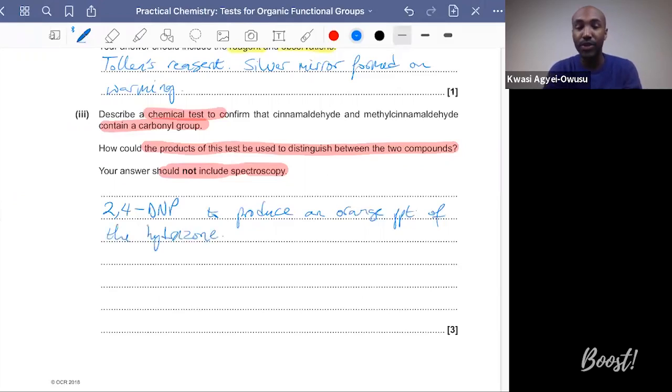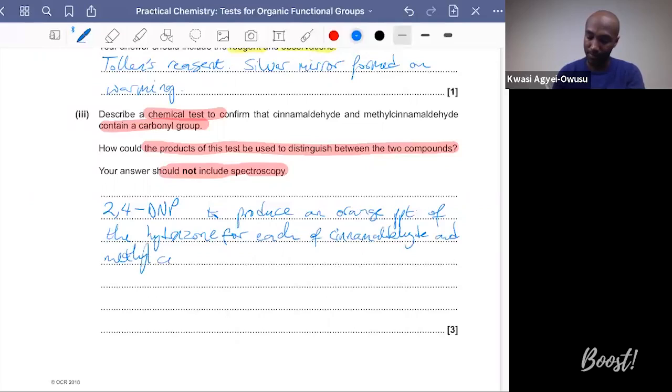Now, how could the products of this test, so the hydrazone for each of cinnamaldehyde and methylcinnamaldehyde, be used? We've made the orange precipitate, the hydrazone derivative for each of our aldehydes. How can we use these orange precipitates to distinguish between the two compounds?